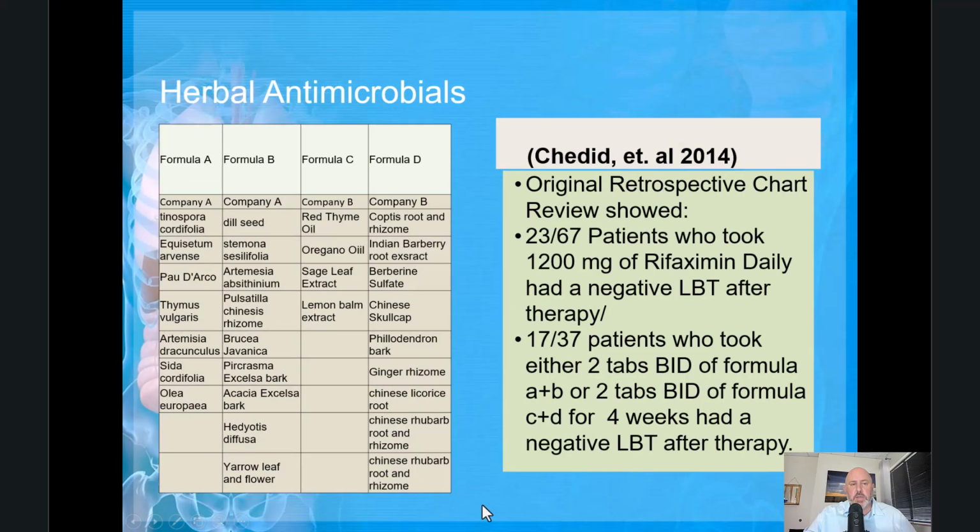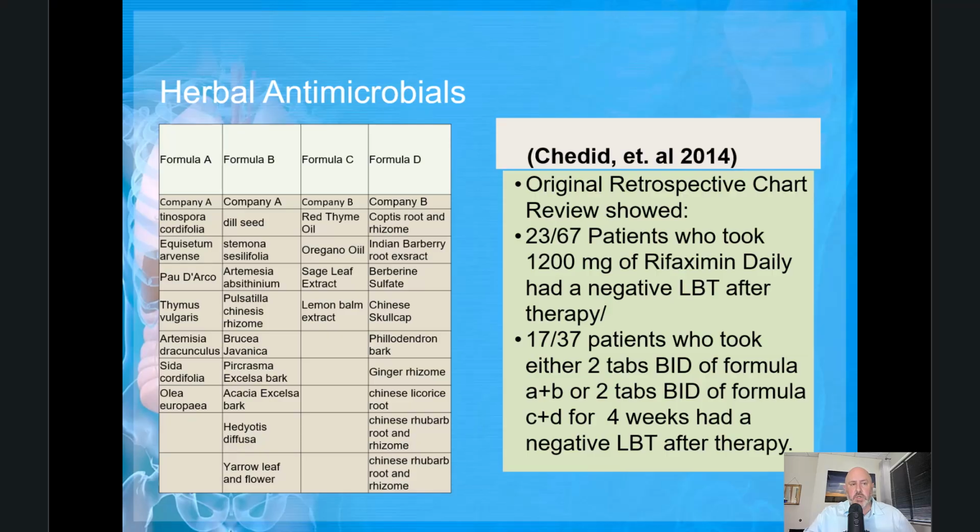From the herbal antimicrobial standpoint, we have lots of herbal medicines that are antimicrobial and can be used as replacements for conventional antibiotics. However, there isn't a ton of research. This is one chart review that was done using various formulas that are commonly purchased over the counter, even on Amazon.